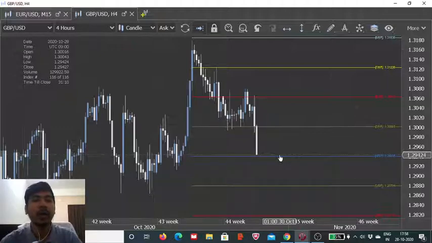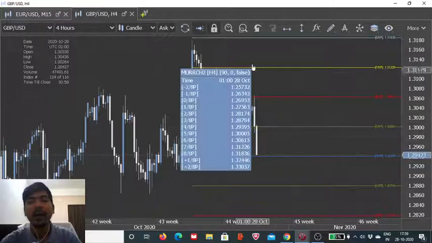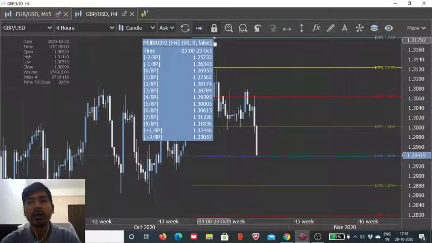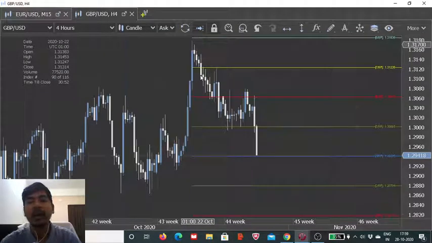You can more or less consider it equivalent to the central pivot point of the pivot point series. So in Murray's channel, we consider the 4 out of 8 line to be the central line, and the resistance is expected to be strongest at the 8th out of 8 line on the upper side, and the support is strongest at the 0th out of 8 line.